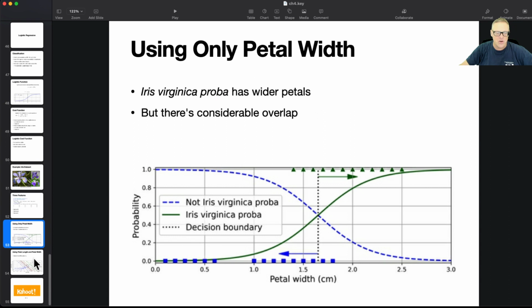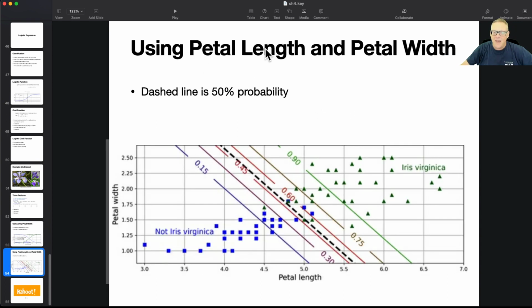as your measure. And if you use petal length and petal width, then you have length this way and width there, and here's the data. Here's the ones that are not Iris virginica, and here's the Iris virginica. And you can see now the best fit is a line like this. The dashed line is the best fit with 50% probability. And this is relating to the question earlier.